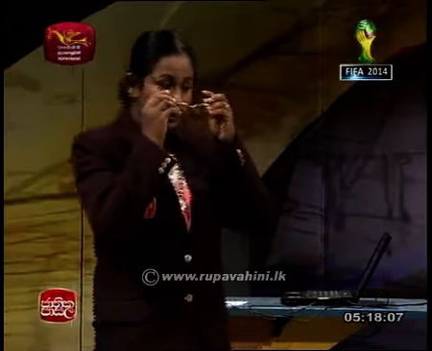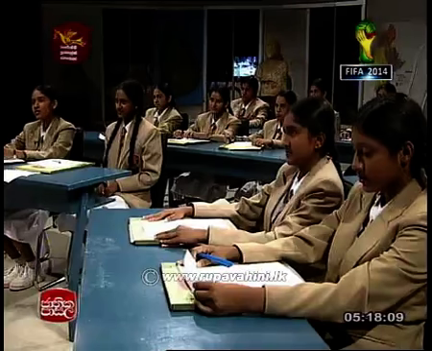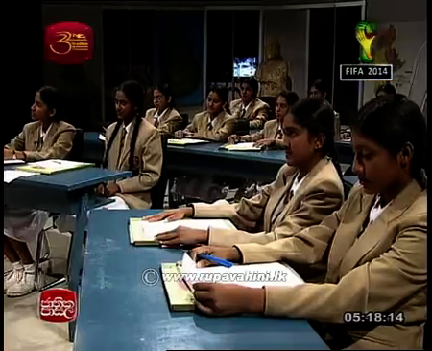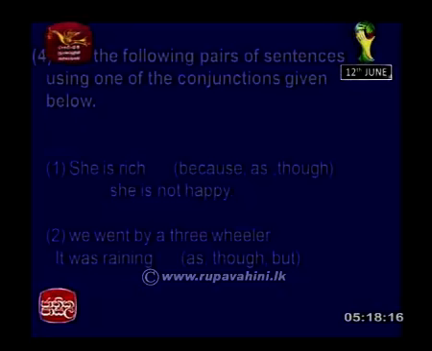So here let's look at your question number 4. Let's see what happens here: join the following pairs of sentences using one of the conjunctions given below. Let's look at the first question. She is rich. Within brackets you are given the conjunctions. The 3 words given are because, as, though, and you have to connect the 2 sentences. The 2 short sentences are: she is rich, she is not happy.